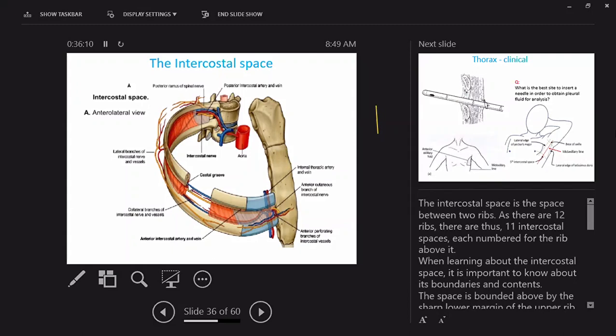If you can see in this picture, you can see some of these vessels and nerves coming out posteriorly, anteriorly, in the side. There are 3 points where the neurovascular bundle pierces the chest wall and comes onto the skin. Know where these places are because these are important points where lung cancer, pleural cancer can track outside, infection can track on these.